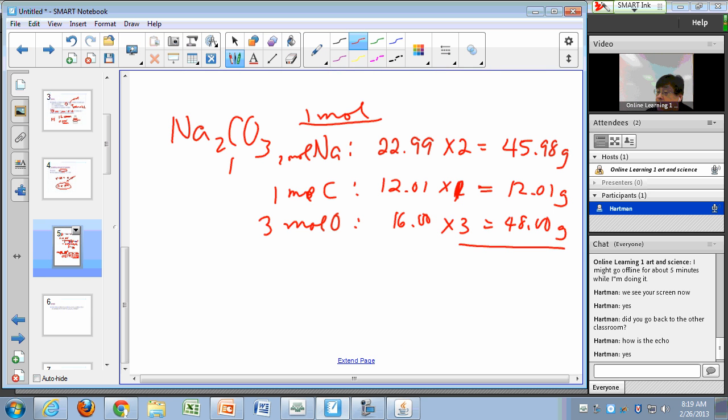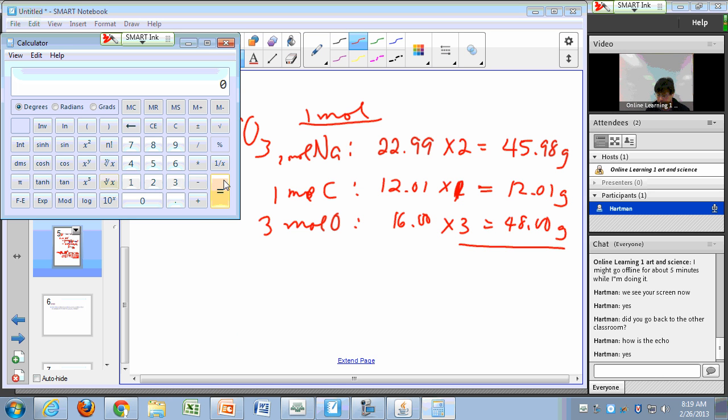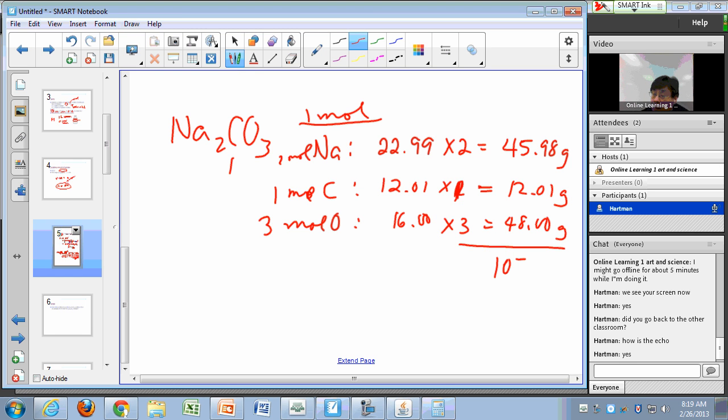So that gives us a total of 45.98 plus 12.01 plus 48, 105.99 grams per mole.